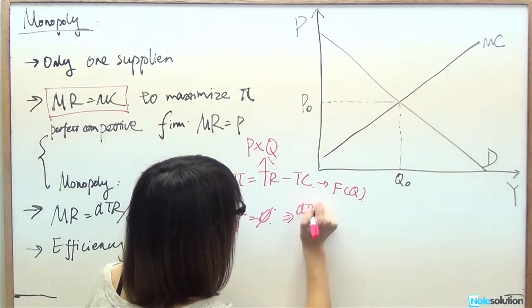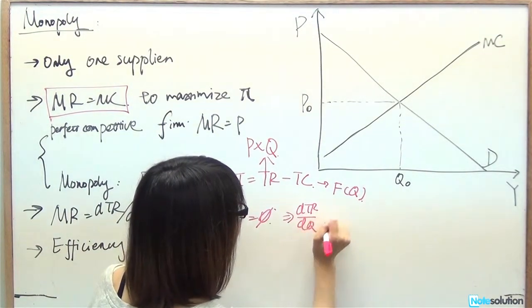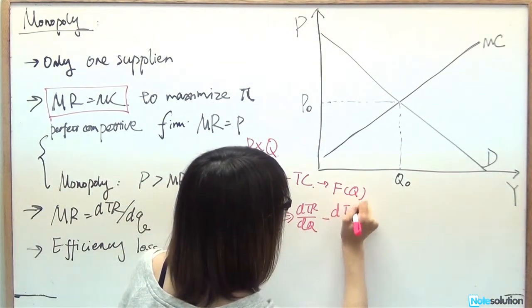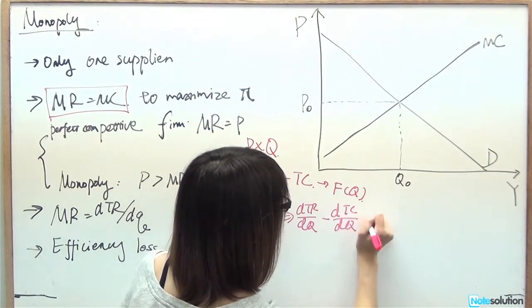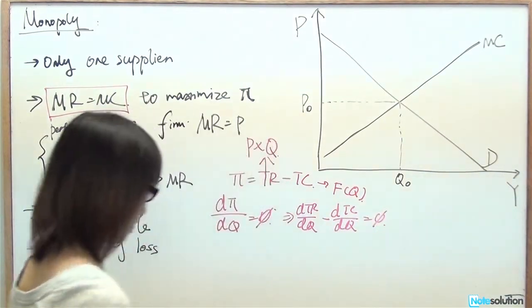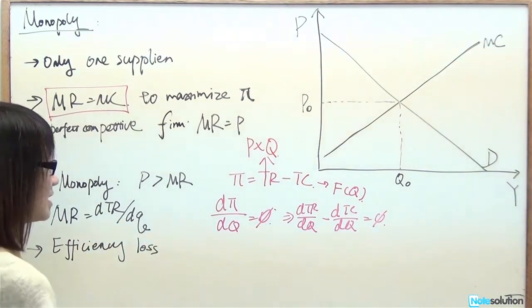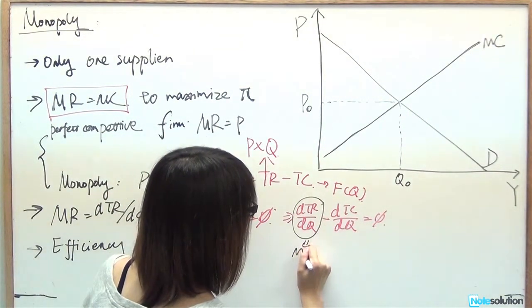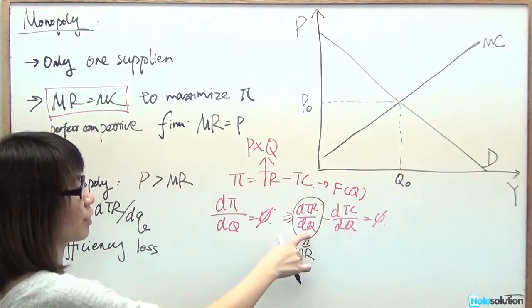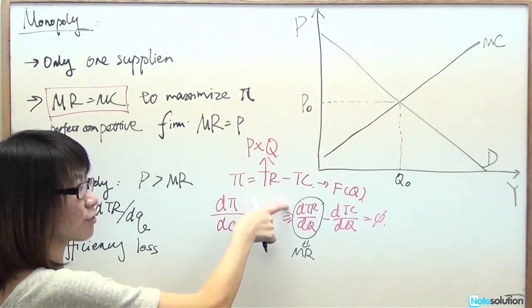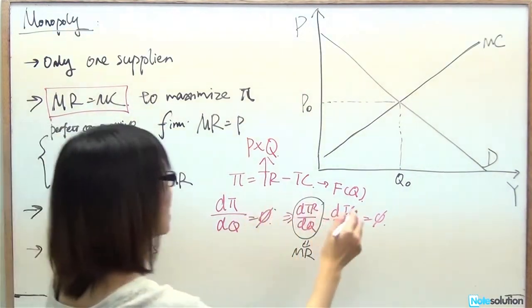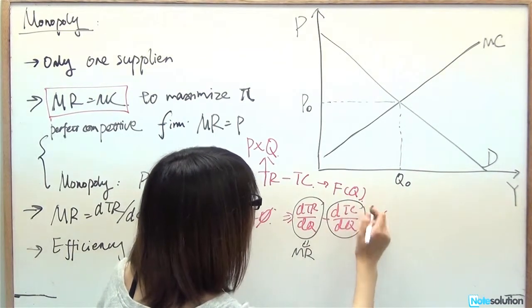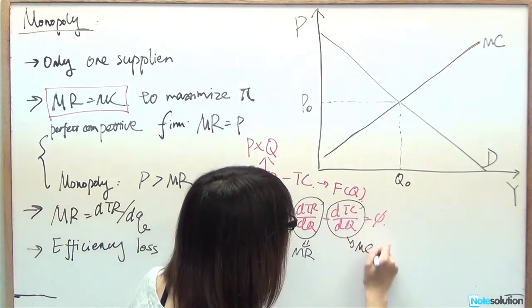So dTR over dq minus dTC over dq is equal to 0. And we know that dTR over dq is equal to marginal revenue. If we sell one more unit, how much additional total revenue can we collect? And dTC over dq is equal to the marginal cost.